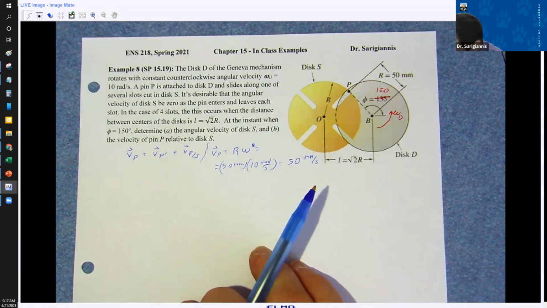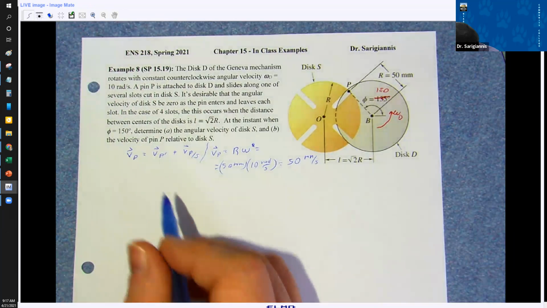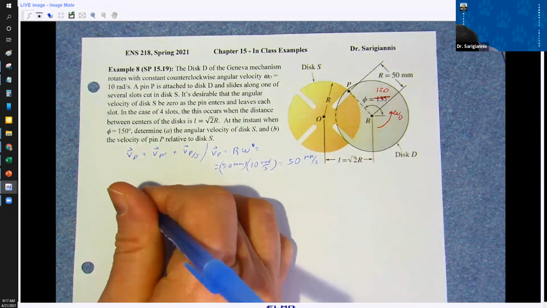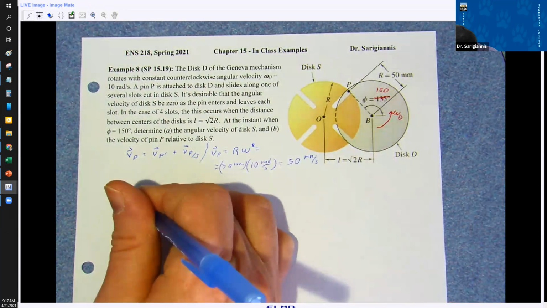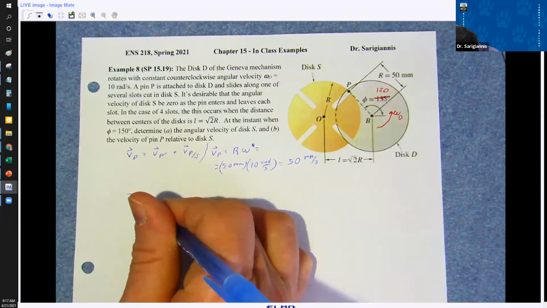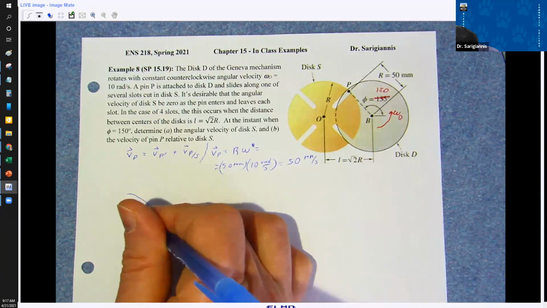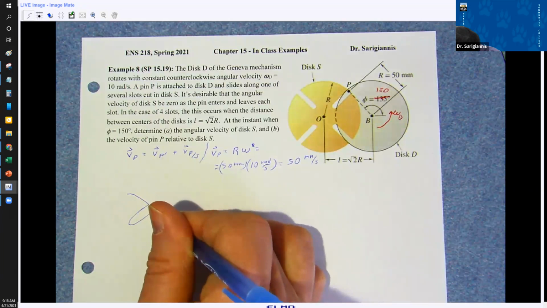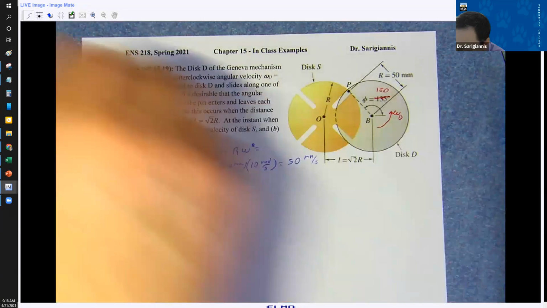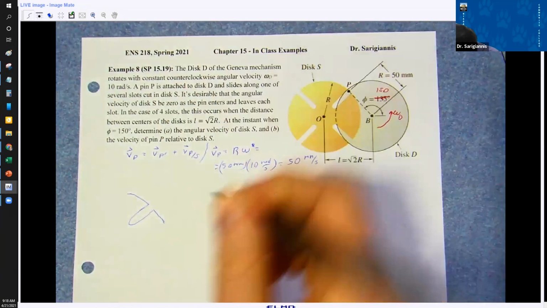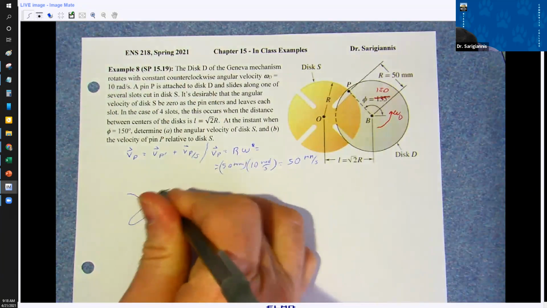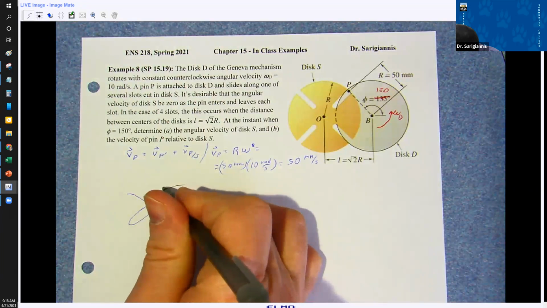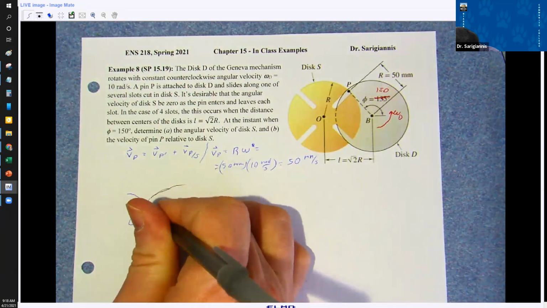I'm going to draw out a portion of this disk here. So bear with me. We'll draw the slot. We've got the other disk kind of going like this, and we've got the pin.